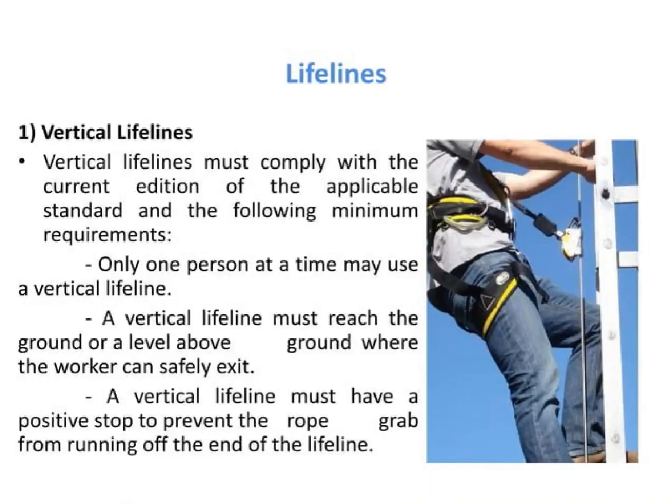When using vertical lifelines, it is important to adhere to the current applicable standard and minimum requirements. One person at a time must use a vertical lifeline and it must reach the ground or a level above ground where the worker can safely exit. Additionally, a vertical lifeline must have a positive stop to prevent the rope grab from running off the end of the lifeline. This will help ensure workers' safety while working at heights.